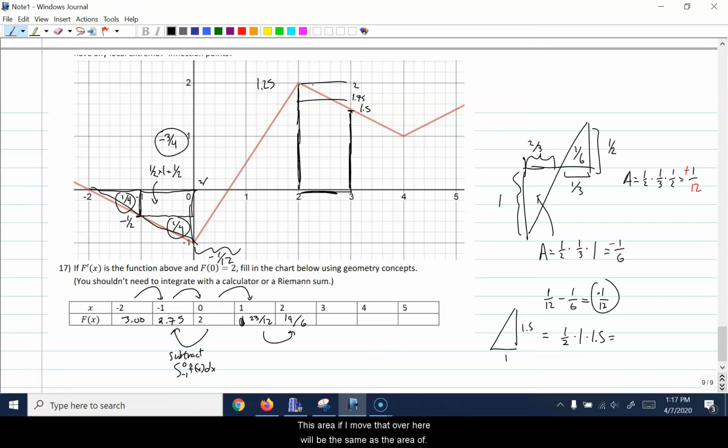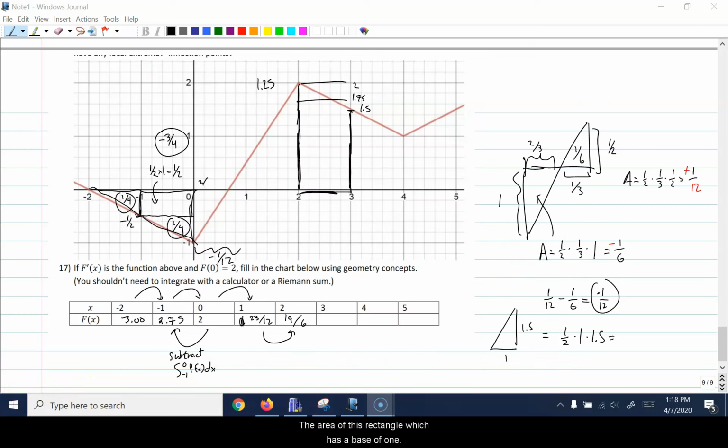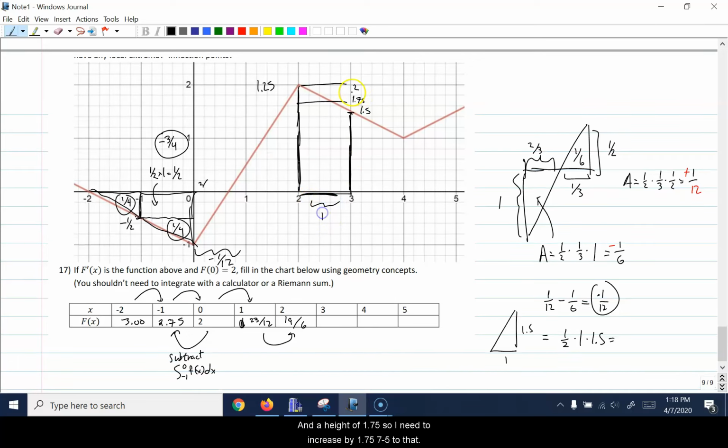So this area, if I move that over here, will be the same as the area of this rectangle, which has a base of 1 and a height of 1.75. So I need to increase by 1.75.